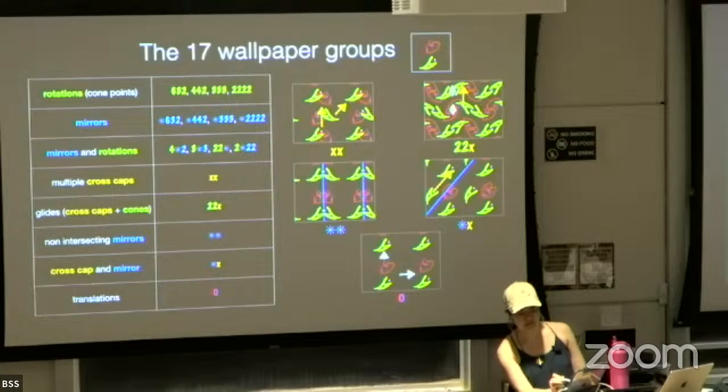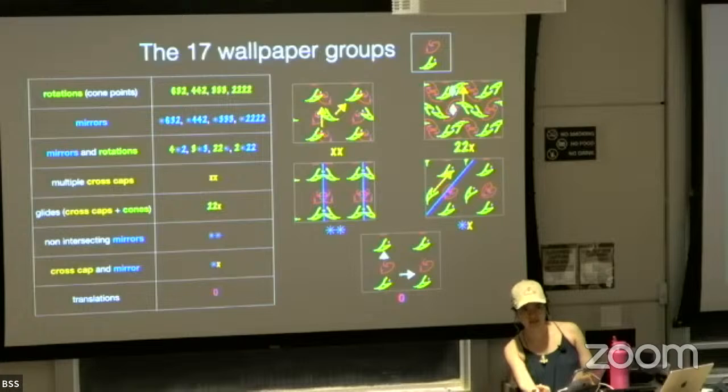Here we have two rotations in a glide. This is also kind of hard to spot. Actually, anything with glides is pretty challenging to spot, to be honest. Here we've got one glide this way and then a mirror passing through the diagonal through the center of the flower. And then we've got just our standard translations over here.